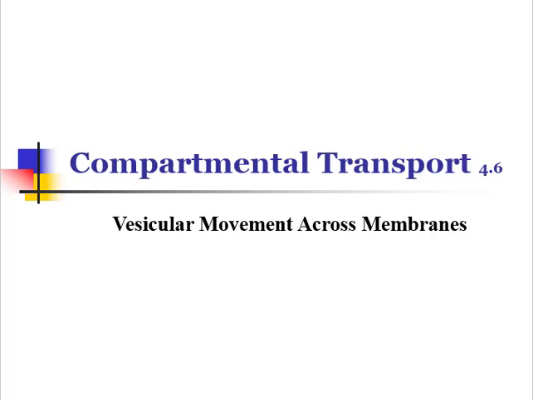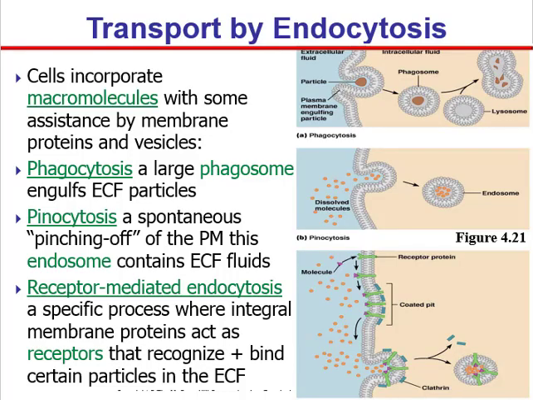So if you remember what the micelle looked like in chapter 2, we come back to this idea where we see sort of a pinching off of the plasma membrane so we can transport big molecules. So endocytosis and exocytosis will be discussed here. This is figure 4.21, and it's a method of moving large, bulky molecules into and out of the cell.